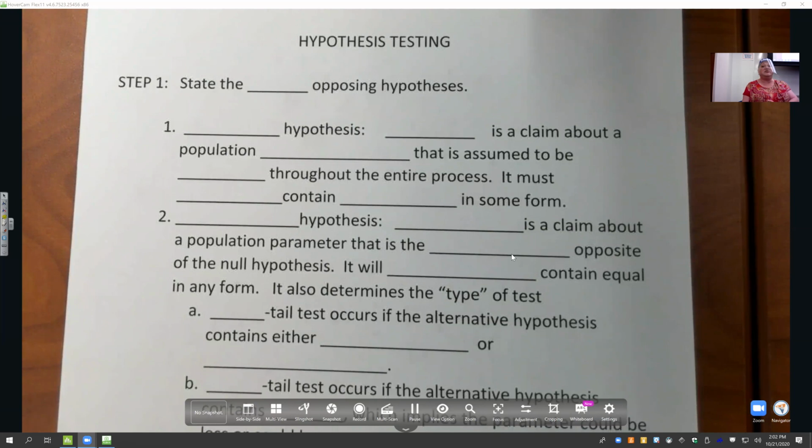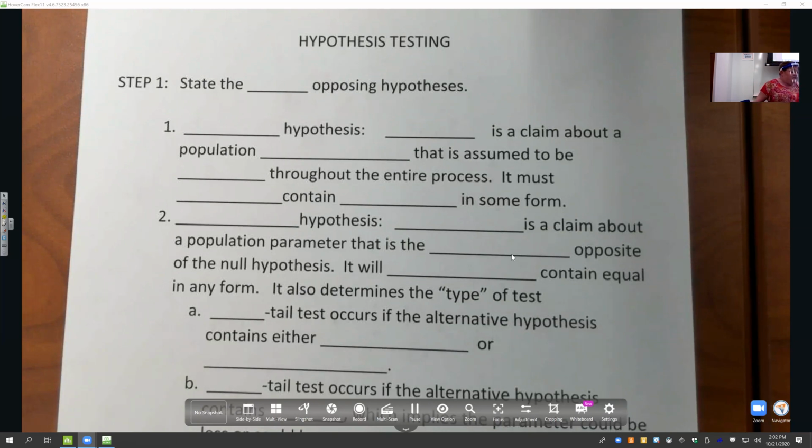We will ultimately look at 5 different types of tests. The process used for that hypothesis testing is the same, regardless of which test or which distribution we're using. Okay, so that's what I want to help outline for you first of all today.